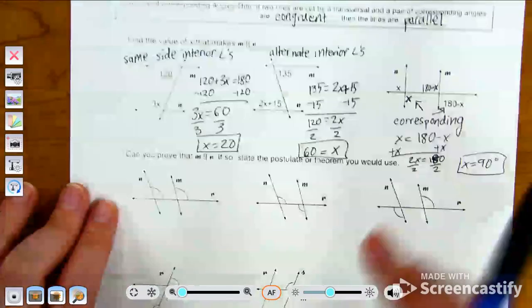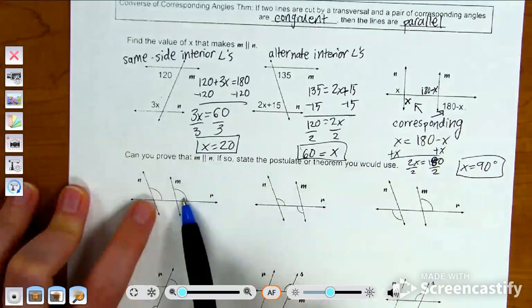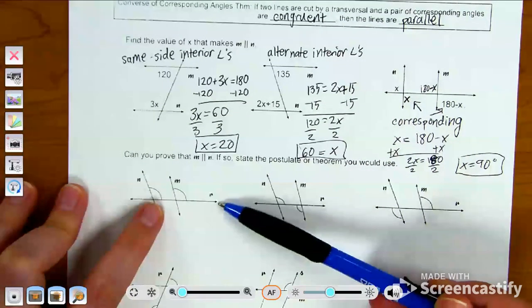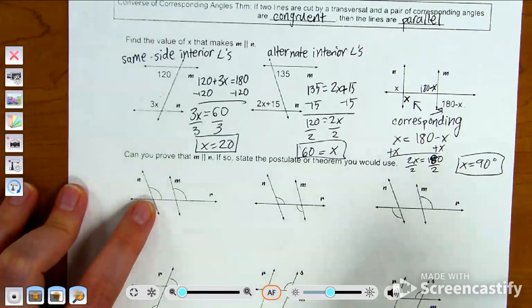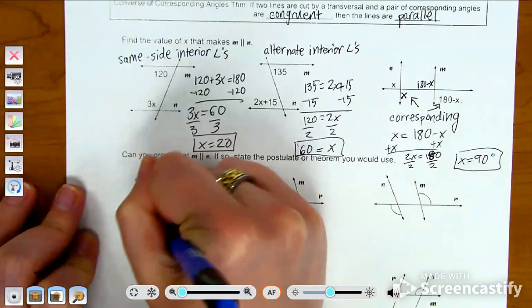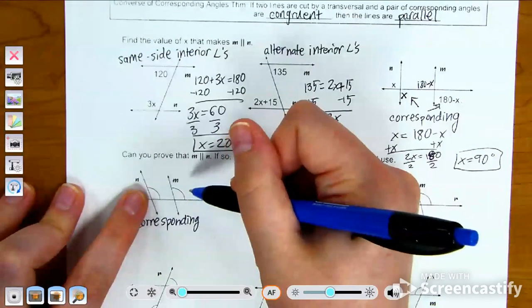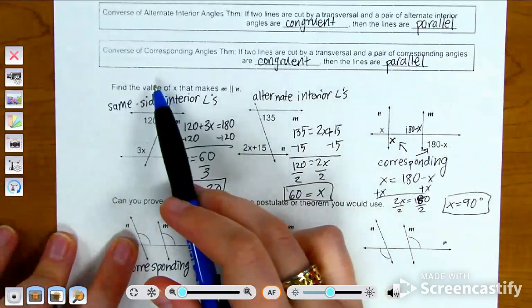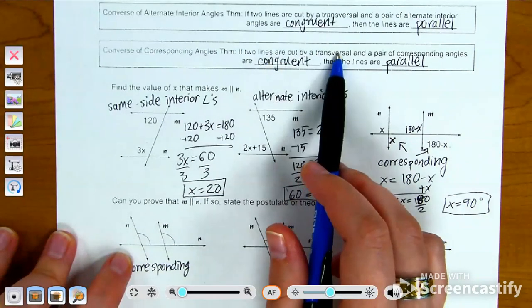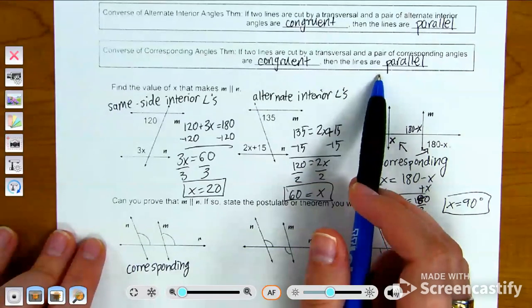So if I'm looking here, the marked angles are both to the right of the potentially parallel lines, and they're both above this transversal R. So they're in roughly the same places. So these are corresponding angles. So since the corresponding angles are congruent to each other by the converse of corresponding angles theorem, since we have two lines cut by a transversal, a pair of corresponding angles that are congruent, we can guarantee that the lines are parallel.